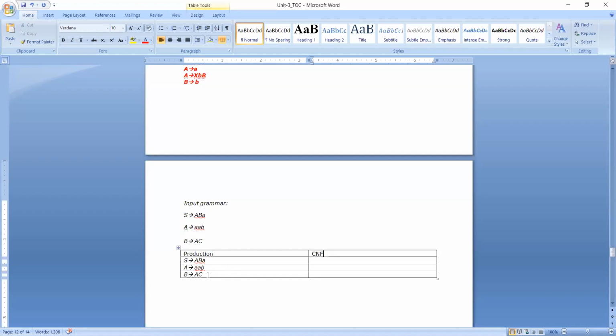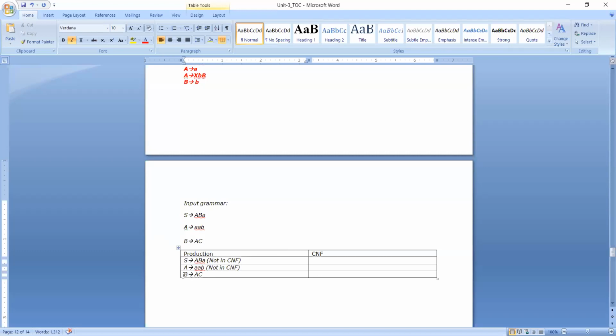Now, please check straight away whether any production is already available in the CNF form. Please observe here, the first production is capital A, capital B, small a. Now we have more than two symbols. As we have more than two symbols available, we can say that this production is not in the CNF form. Now go for the next one. Here we have three symbols available on the right hand side of the production, so it is also not in the CNF form.